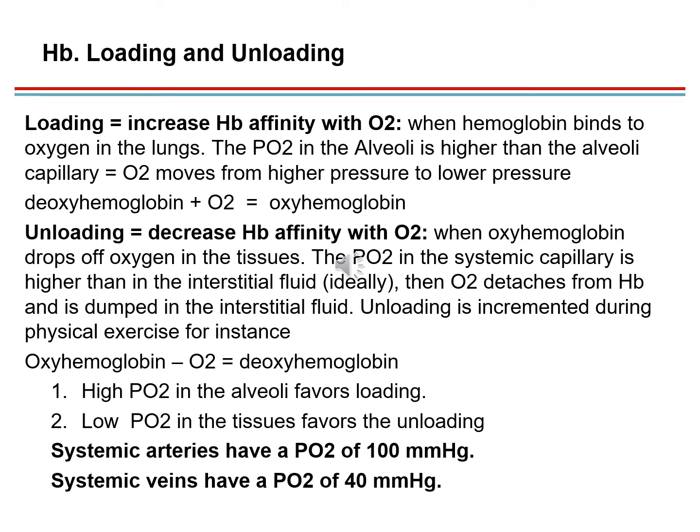Now it's time to talk about the unloading, which represents decreased hemoglobin affinity with oxygen. When we have decreased affinity of hemoglobin for oxygen, we facilitate the unloading of that oxygen, and it happens at the tissue level.